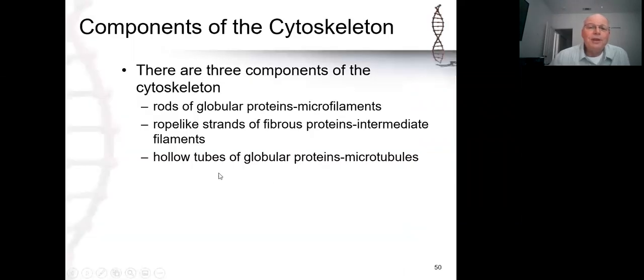So there are three very distinct components to the cytoskeleton, and I've just named them on the previous slide. Microtubules, which are the largest, the microfilaments, which are the smallest, and then the intermediate filaments, which in size lie somewhere in between.